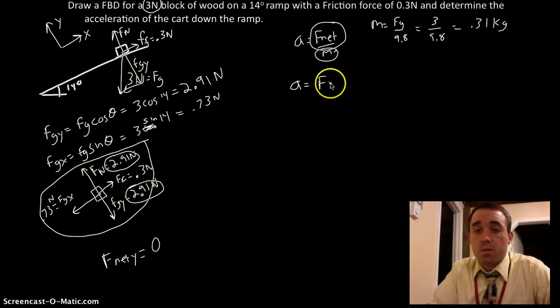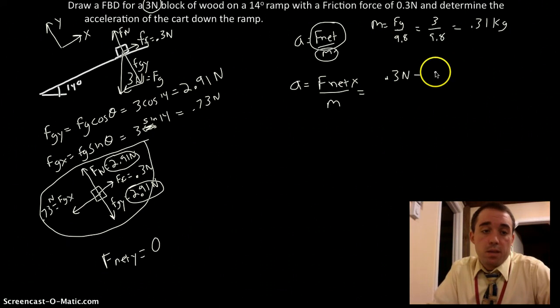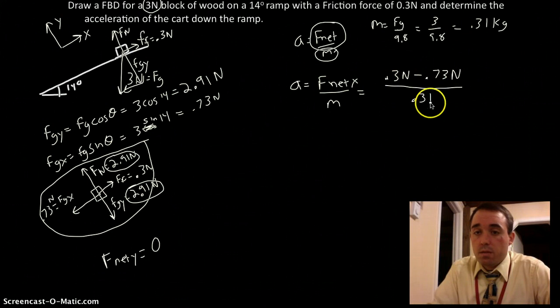So my net force is only my horizontal force. And my net horizontal force is my total up force, 0.3 newtons, minus my total downward force, 0.73 newtons. And when I say up and down, I mean up and down the ramp. All over my mass, 0.31 kilograms.